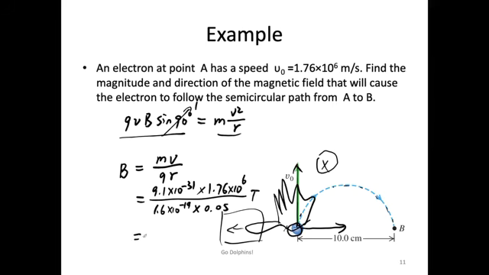Everything together, we find the magnetic field is 2 times 10 to the negative 4 Tesla.